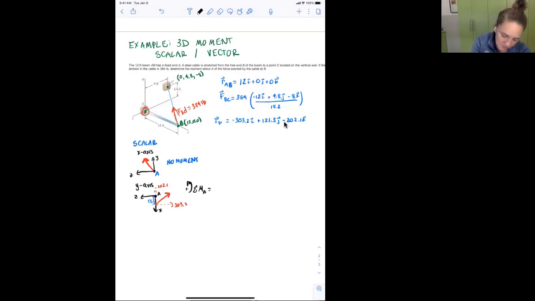I did. I messed that right up. No one was here to tell me otherwise. So let me erase these because I mixed them up, because I'm not used to my x going down. Okay, so this one needs to be 202.1, and this is the 303.